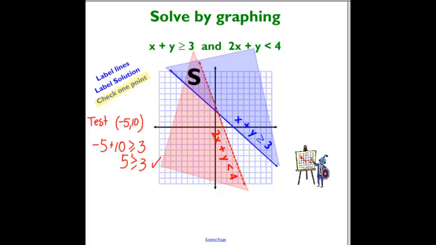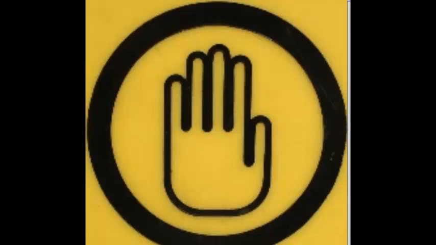That checks. 2 times -5 plus 10 is less than 4. So -10 plus 10 is less than 4. Yes, 0 is less than 4. It checks. You need to have this. Depending on how you did, you might want to finish the worksheet. If you didn't do so well, try the next one, and I'll come back and show you the answers.